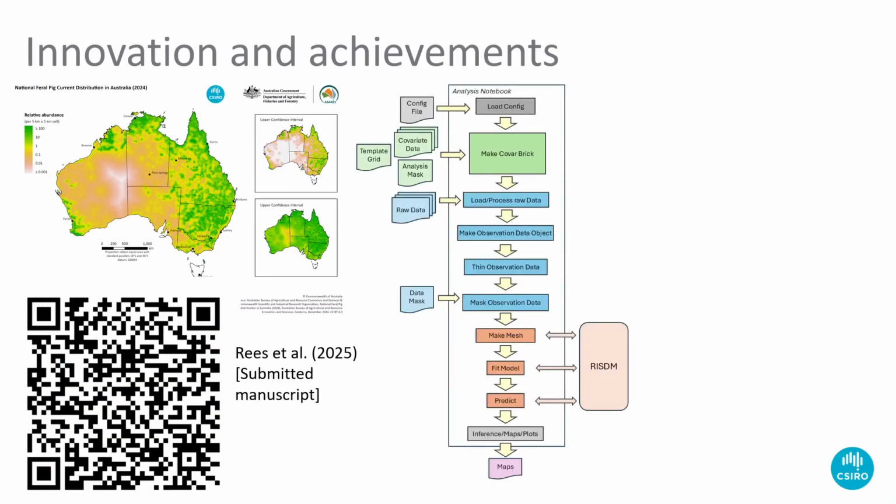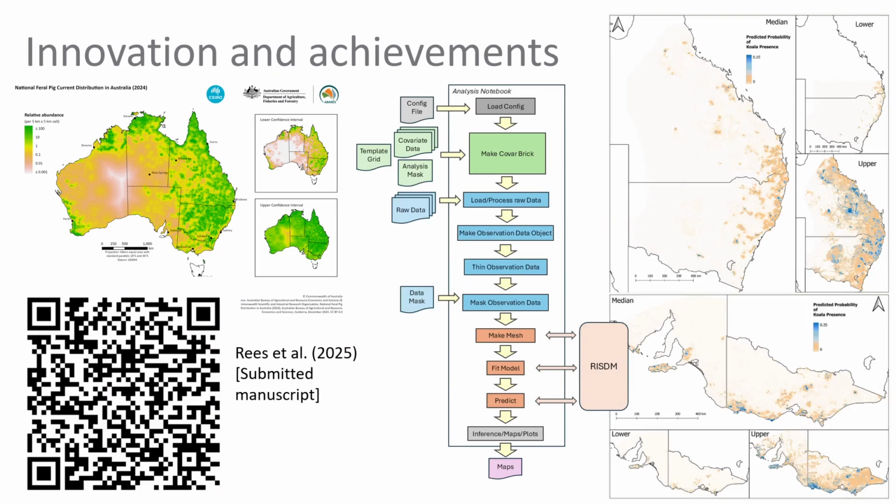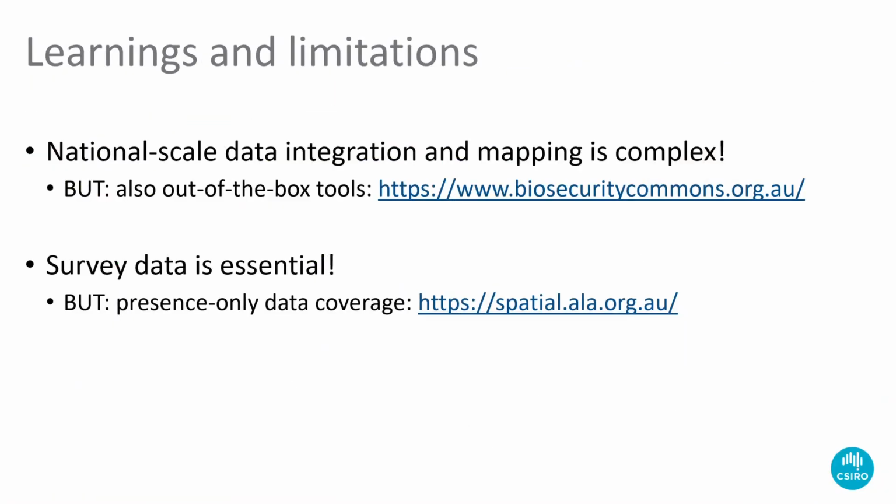Several others are in the pipeline with our colleagues from ABARES, including on feral deer distributions. We've developed reusable workflows to enable consistent application across multiple species. And the approach is beginning to be used more broadly, well beyond the invasive species domain, including by the National Koala Monitoring Program.